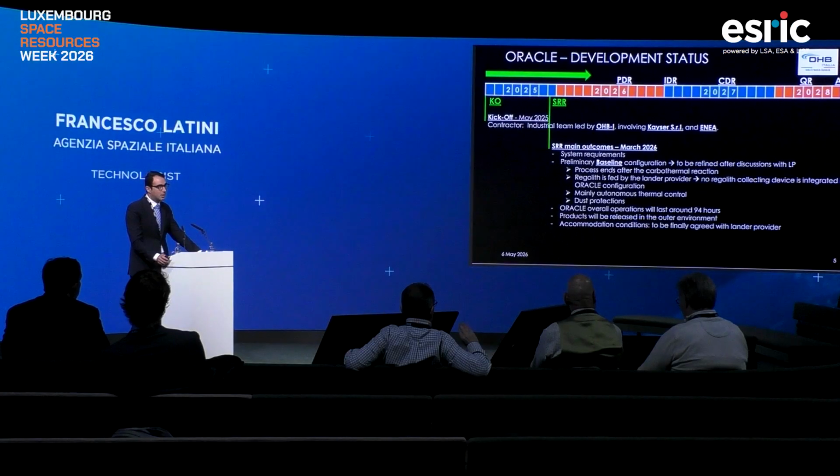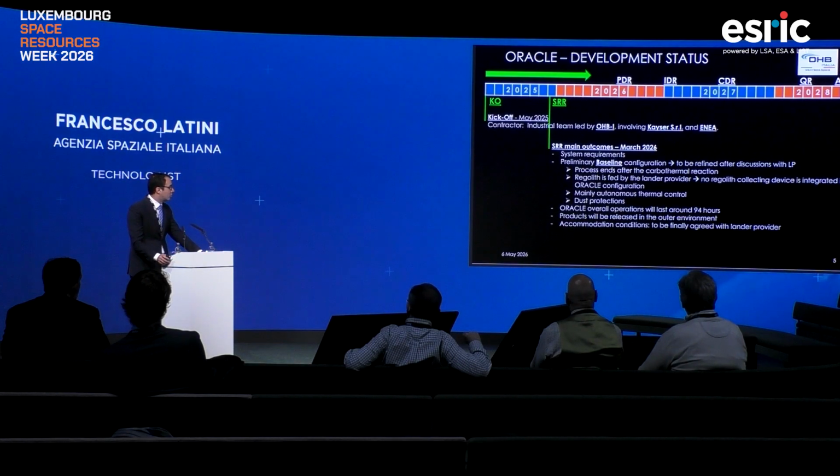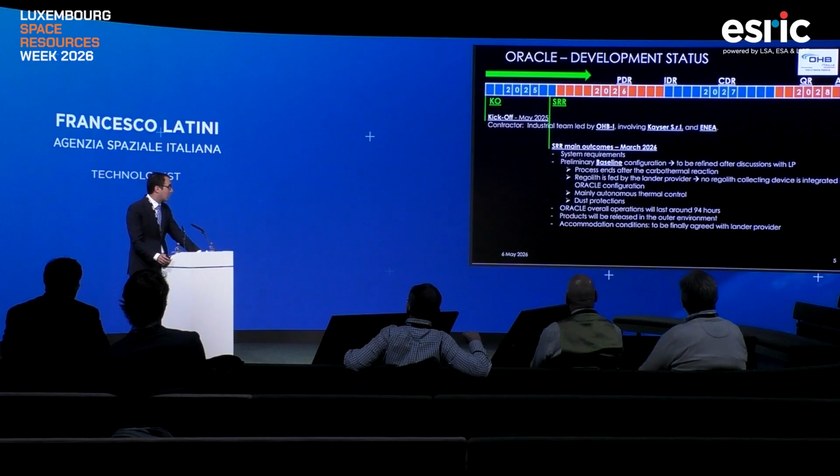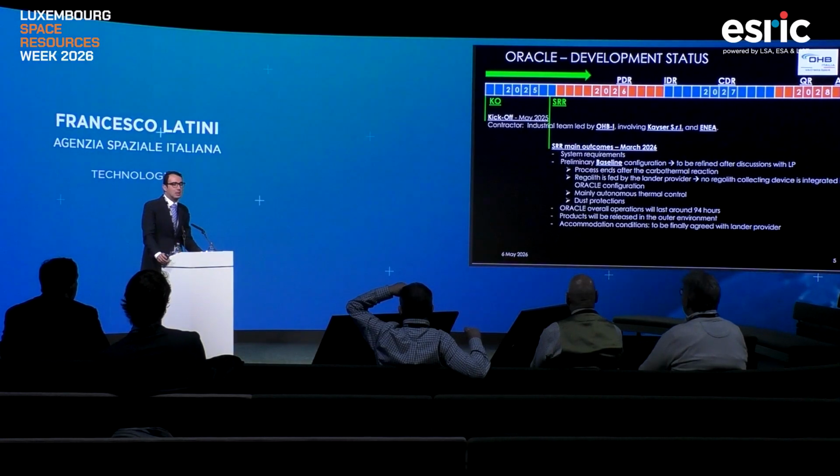The payload has mainly autonomous thermal control and some dust protection, of course, to avoid any contamination earlier, when you settle on the lunar surface. Oracle operation will last around 94 hours, not years, of course. The products will be released in the outer environment, and the accommodation conditions will be finally discussed with the provider once it is selected.